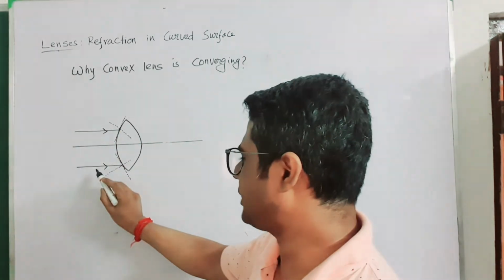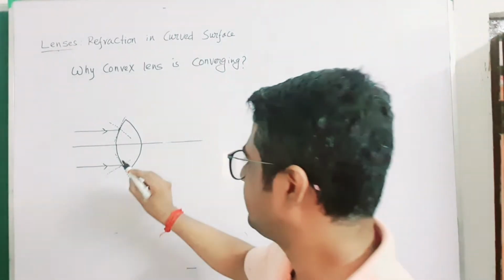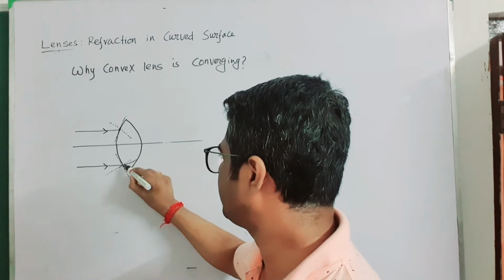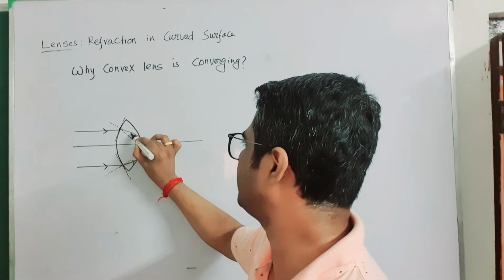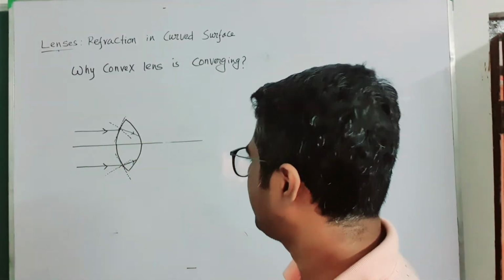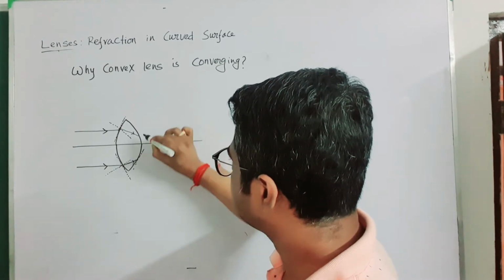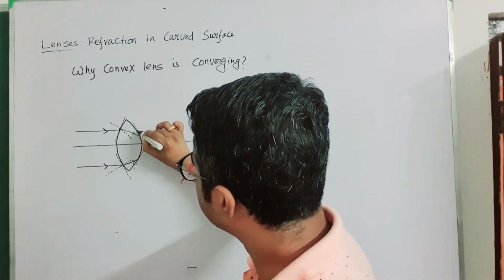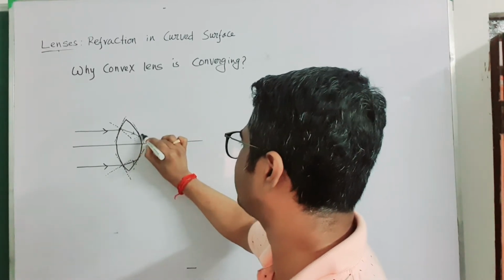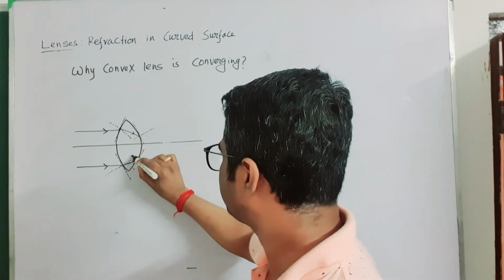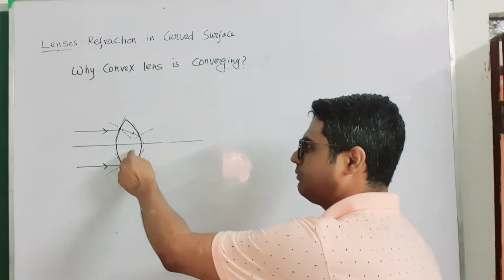The light ray is travelling from air to glass, so it will bend towards the normal. Similarly, it is going to happen over here. Again, I will draw another tangent over here, and I will draw a normal with respect to the tangent. Now the light ray will be travelling from glass to air.